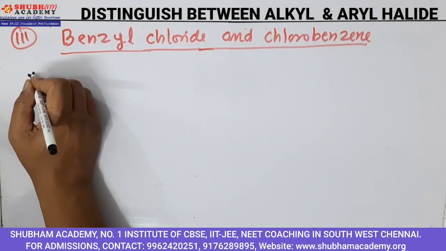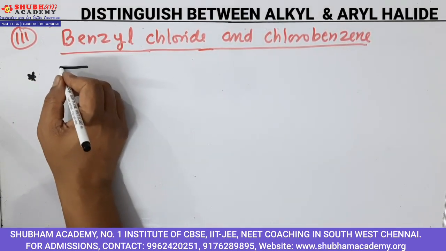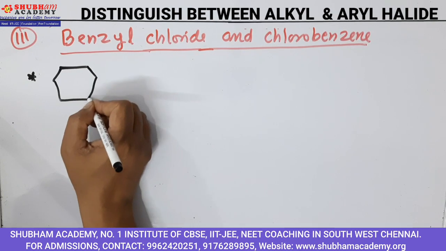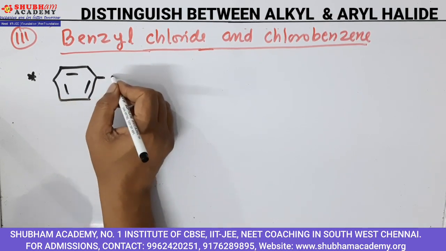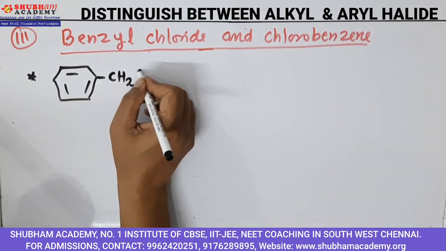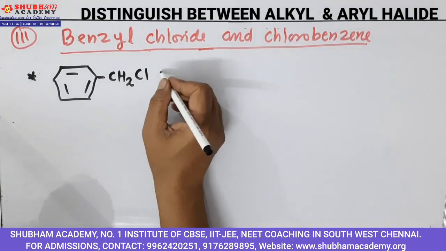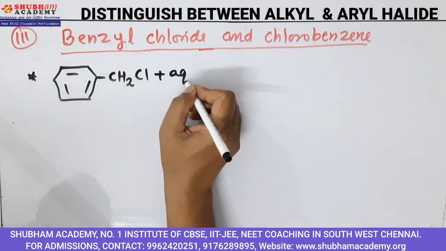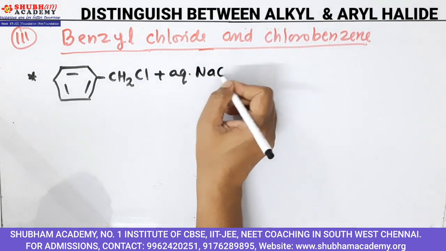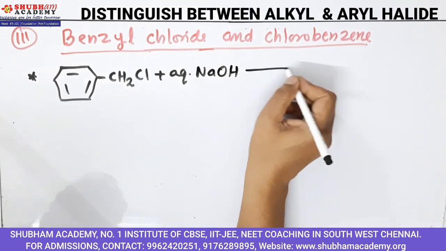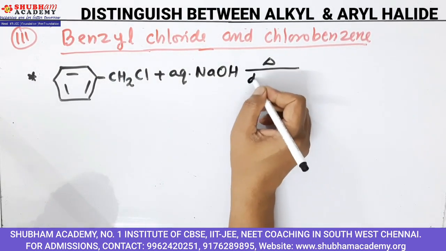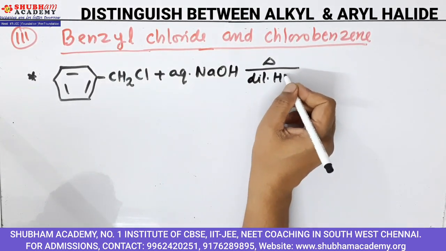Okay. Now, we will see how to distinguish benzyl chloride and chlorobenzene. So, benzyl chloride is this one, benzene with CH2Cl. Okay. So, this benzyl chloride on treatment with aqueous NaOH, heat, add dilute HNO3.